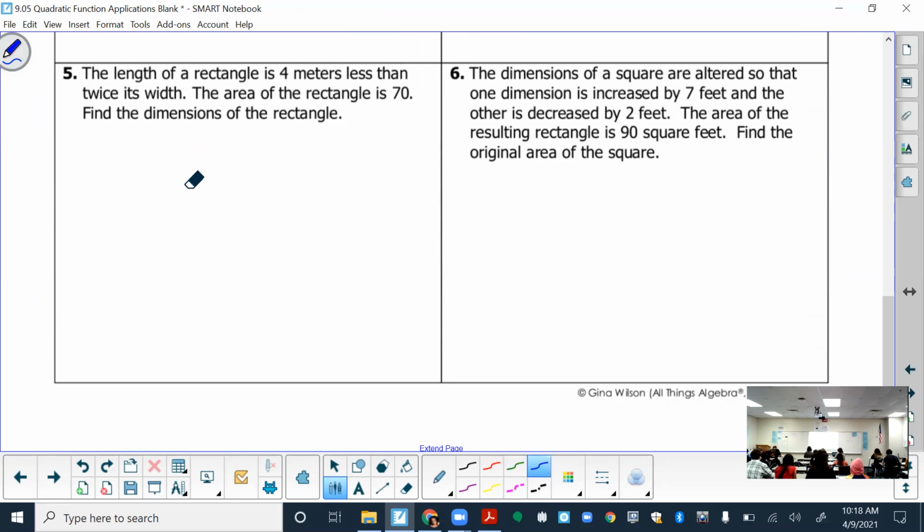The length of a rectangle, I'm going to draw a rectangle, is 4 meters less than twice its width. We need to translate this into algebra. So the length equals 4 meters less than.